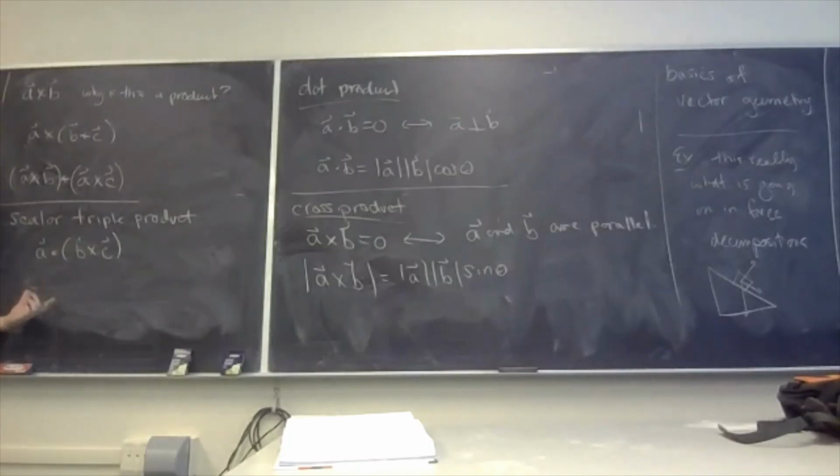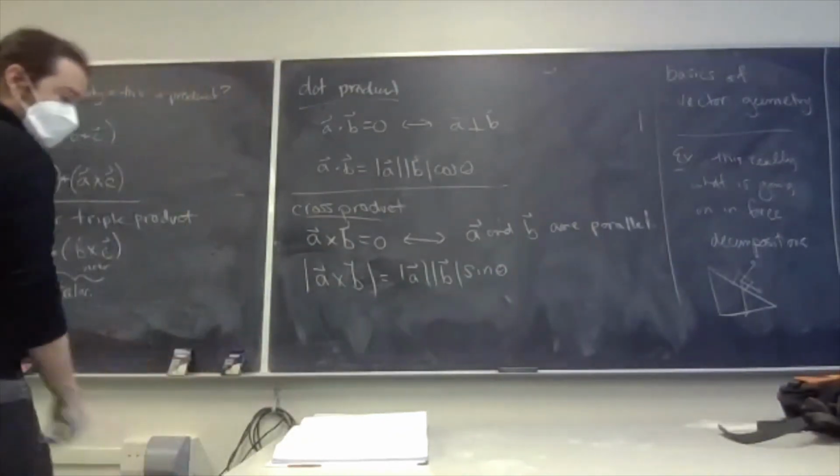But the thing that comes out the other end of this is a scalar. Vector cross vector is vector. Vector dotted with vector is scalar. This is a vector, this is a vector, and all of it together is a scalar.